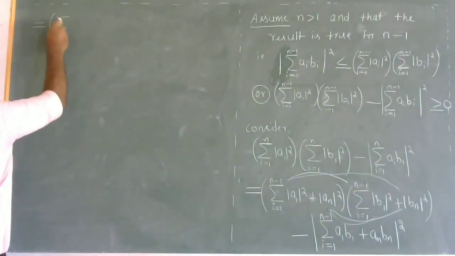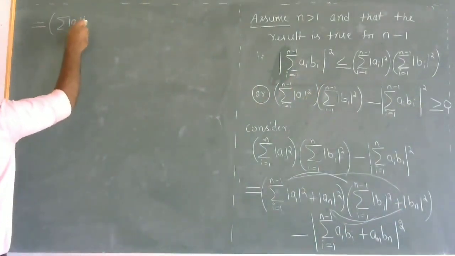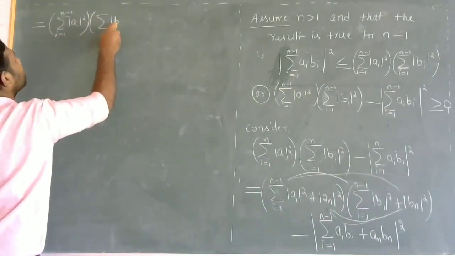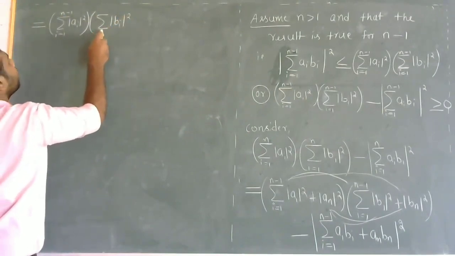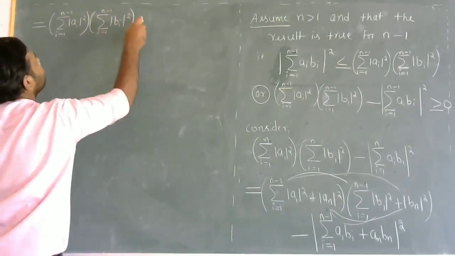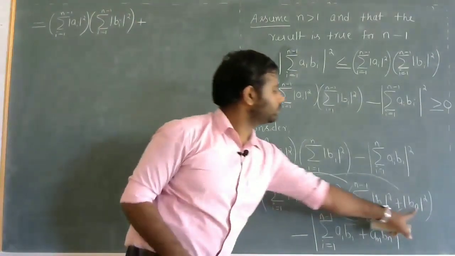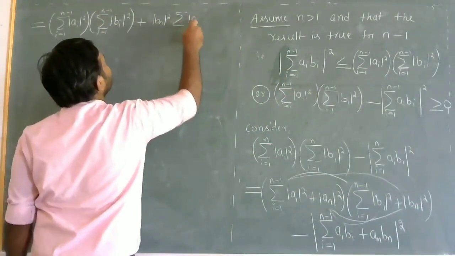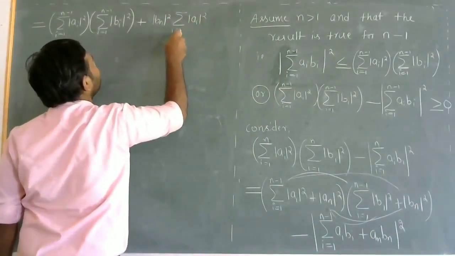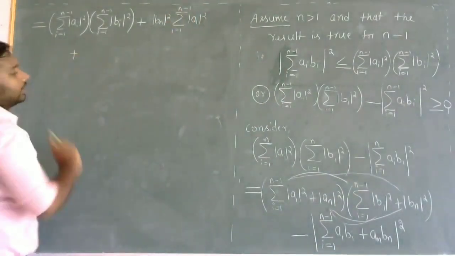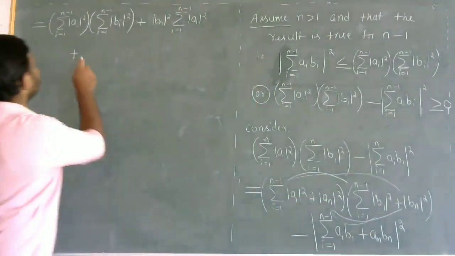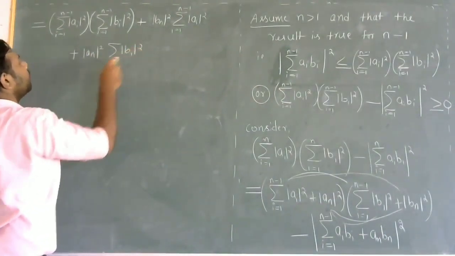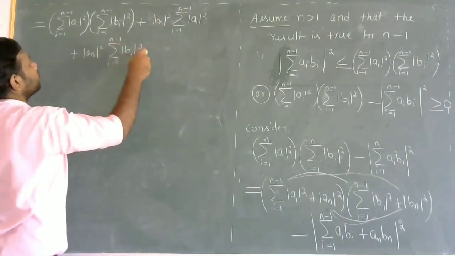That is summation modulus ai square, i running from 1 to n minus 1, into summation modulus bi square, i running from 1 to n minus 1, plus modulus of bn square into summation modulus ai square, i running from 1 to n minus 1, plus modulus of an square into summation modulus bi square, i running from 1 to n minus 1.